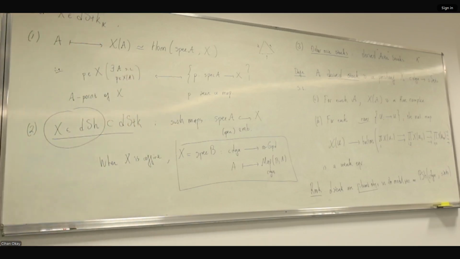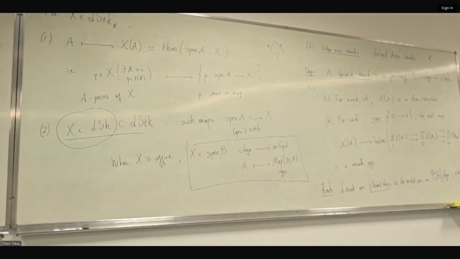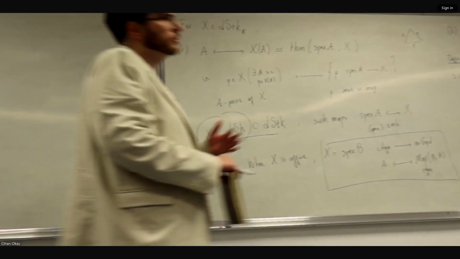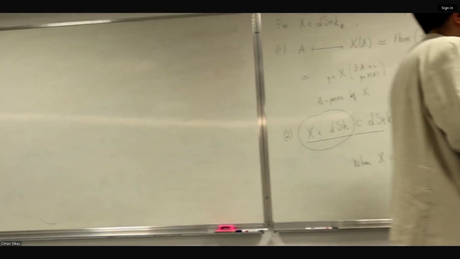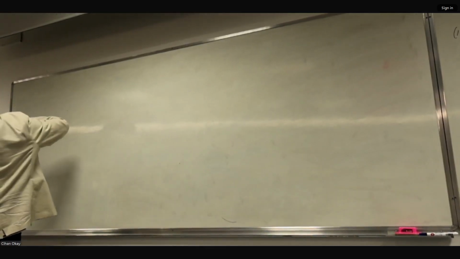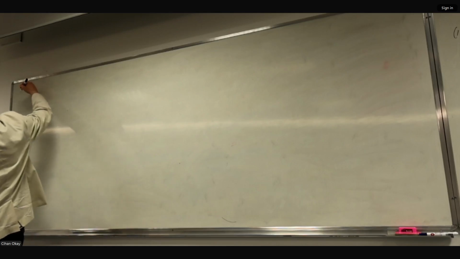Okay, maybe let me briefly discuss, for instance, what about global functions? How to define a global function on a derived stack, or how to define quasi-coherent sheaves, let's say a vector bundle on a derived stack. I'm not going to give you the whole technical details, but it might be very useful to understand what's happening.